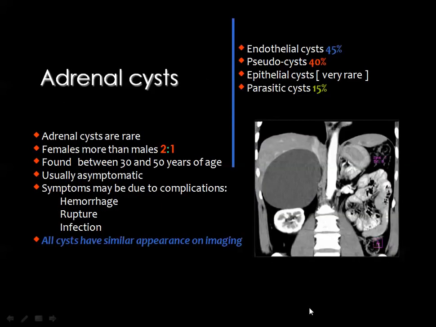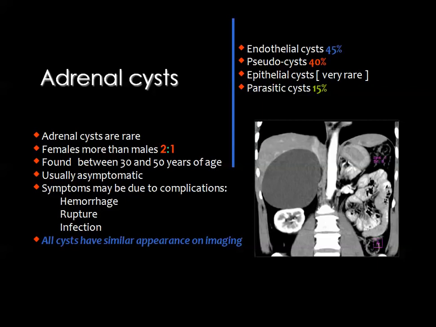Then we come to the adrenal cysts, and the cysts in the adrenal gland may be of endothelial nature or epithelial nature, or pseudocysts or parasitic cysts. We want to say that the cysts are rare, but all the cysts of whatever etiology have a similar imaging appearance, meaning that you get a lesion which is containing water.